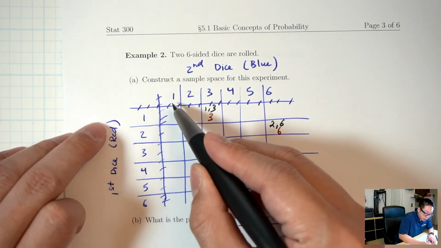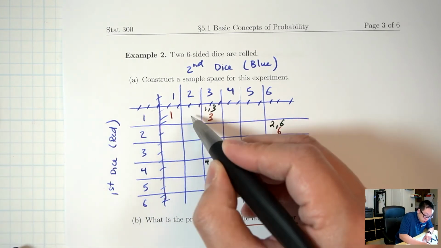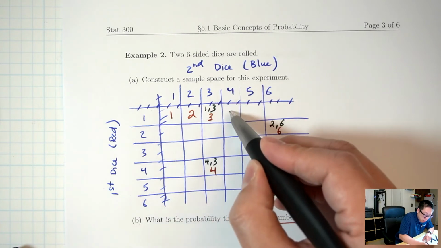Here, 1 and a 1, larger number is 1. Here, 1 and a 2, larger number will be 2. Here, 1 and a 4, larger number is 4.